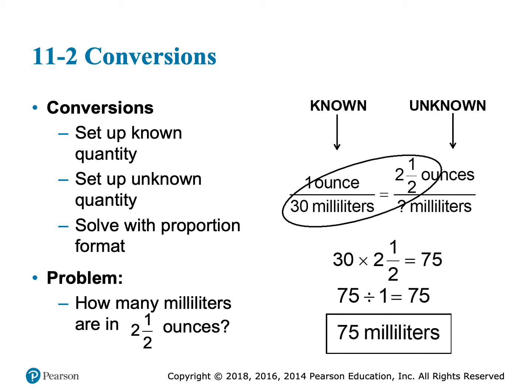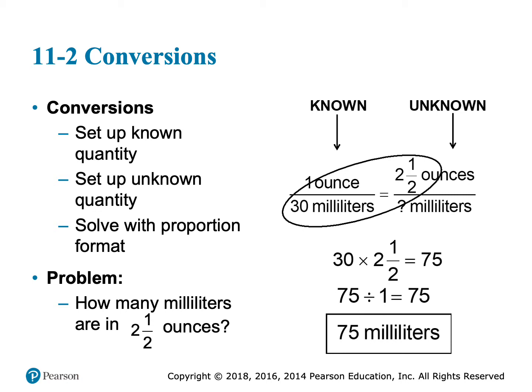To solve with the proportion format, we're going to set up what we know, the known conversion, on the left, and set up the part with the unknown on the right. So when we set this up, we get 1 ounce over 30 mL equals 2.5 ounces over X milliliters.